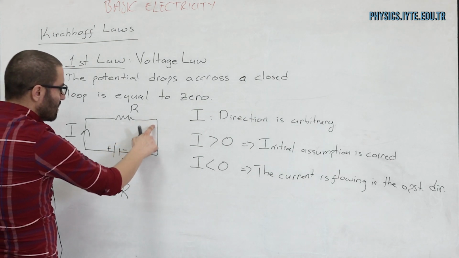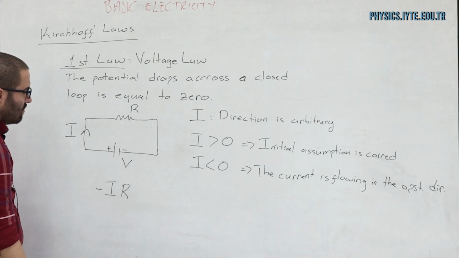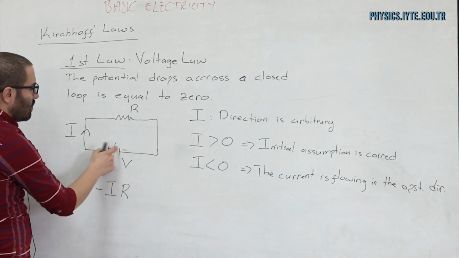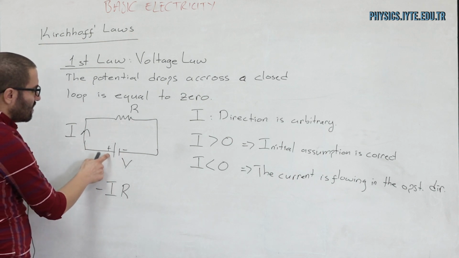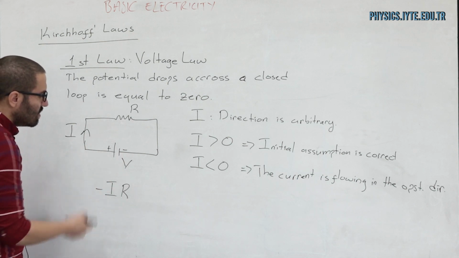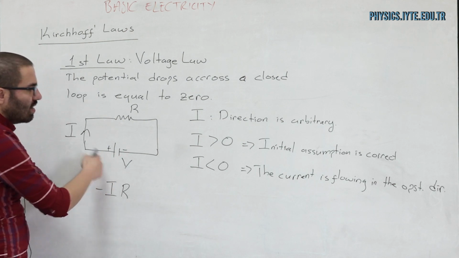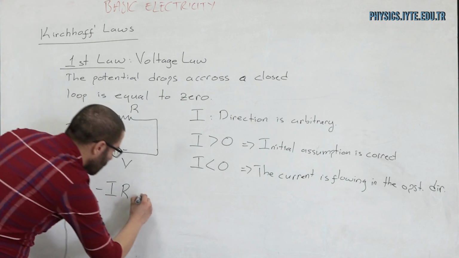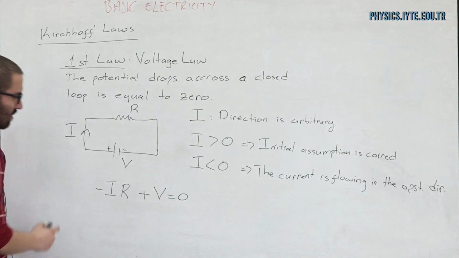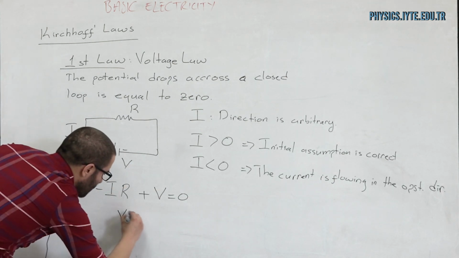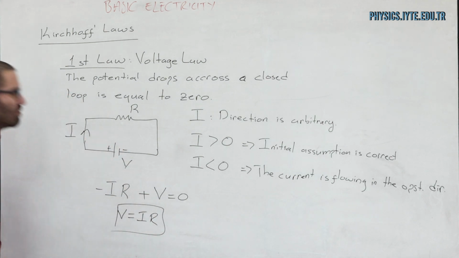Then after leaving this resistor, I am going to come to my power supply. I am going to enter from the negative sign and exit from the positive sign, which means I am moving from a lower potential to a higher potential, which is going to increase the potential. So I'm going to have plus V equals 0. Reconfiguring this, I'm going to have V equals I times R, which is Ohm's law.